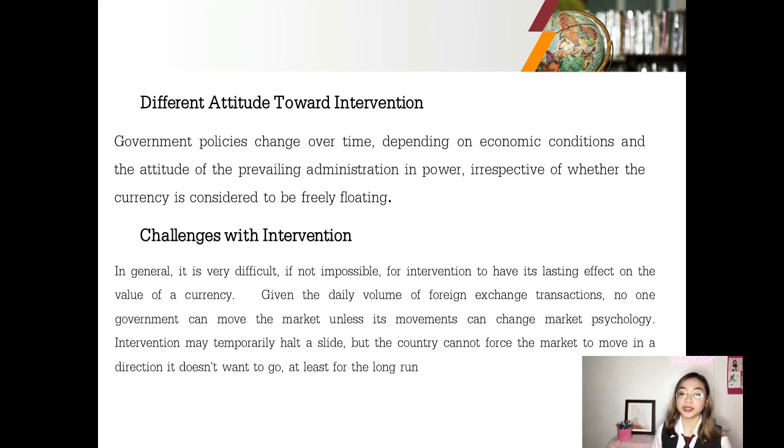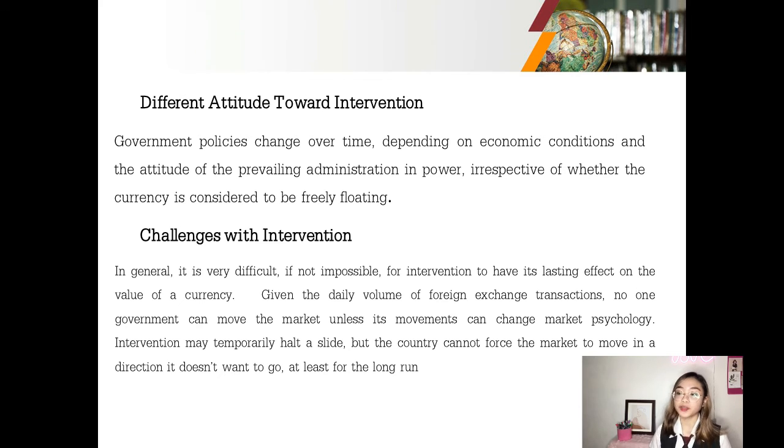So next one is a different attitude toward intervention. So central banks generally agree that the primary objective of foreign exchange market intervention is to manage the volatility or influence the level of the exchange rate.